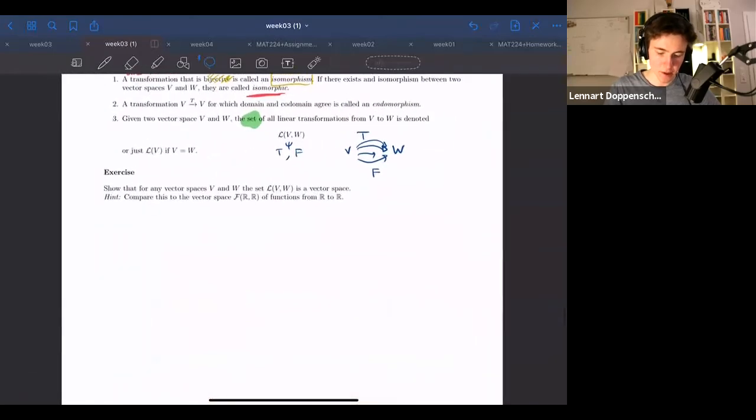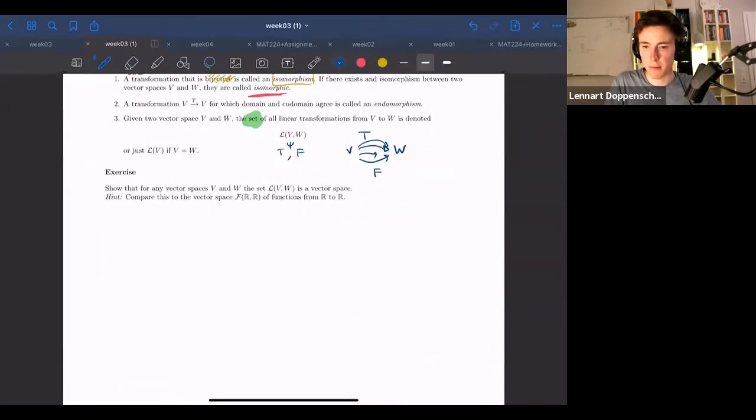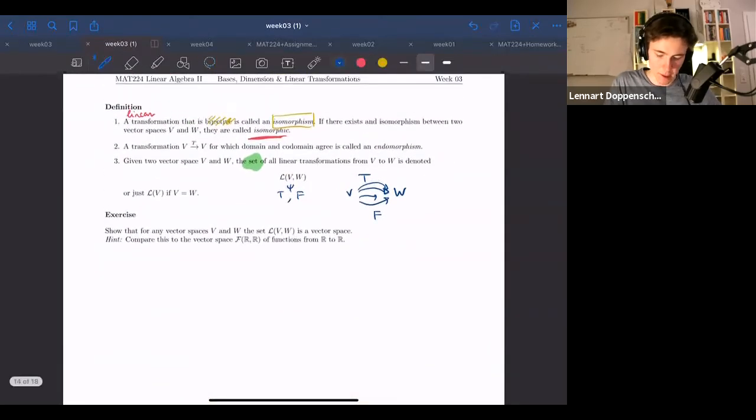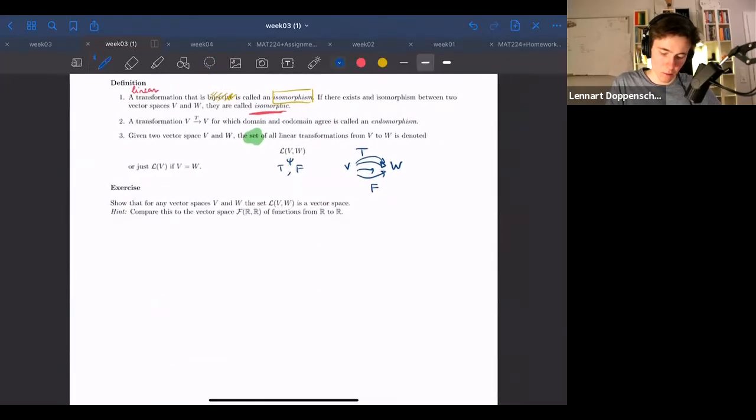So now about this exercise, I don't want to do this right now, but can someone tell me, as a starting point, what are the two operations on L of V, W?